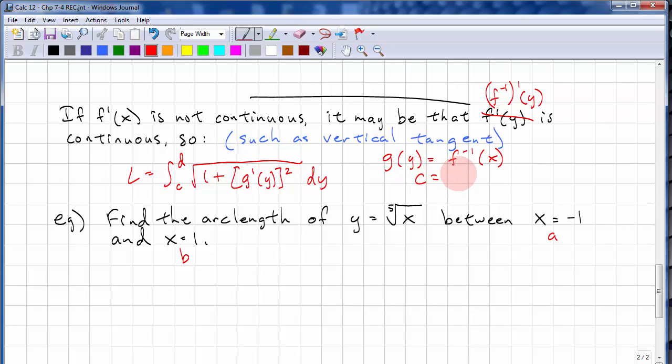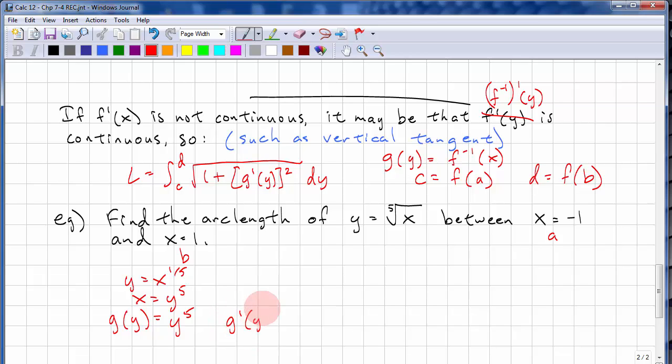So c equals f of a and d equals f of b. So we have y equals x to the 1/5. So our g of y equals, we swap, and g of y equals y to the 5th. G prime of y equals 5y to the 4th.